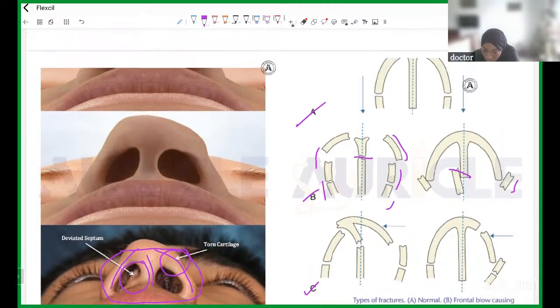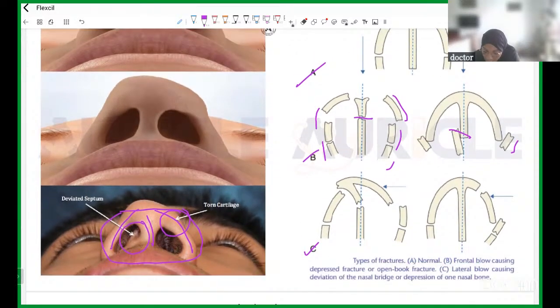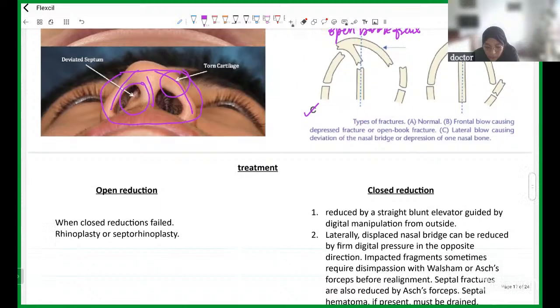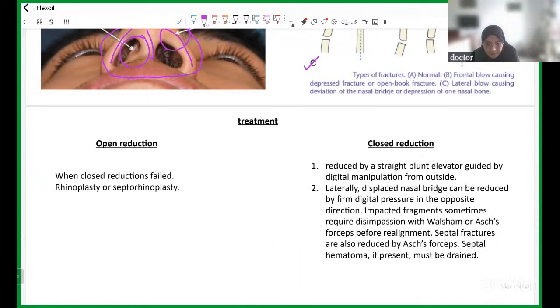So A is normal, B is frontal blow, causing depressed fracture. We say it is an open book fracture. You have to draw this diagram in your examinations. And C is lateral blow on the side, causing nasal septum deviation or fracture of the nasal septum.